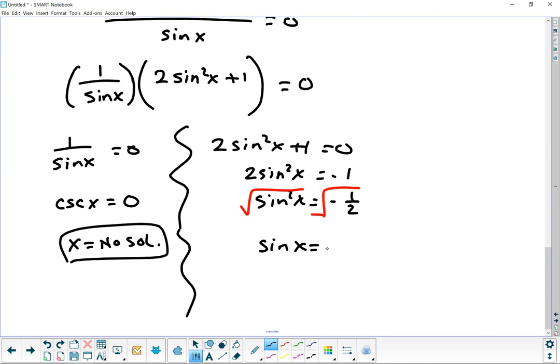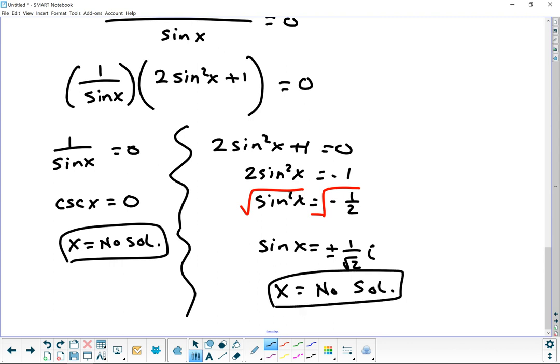That's actually going to be plus or minus 1 over radical 2 times i, for imaginary, and that's not going to work because these should be real numbers. So that one should have no real solutions as well. Okay, so this one actually should have no solution.